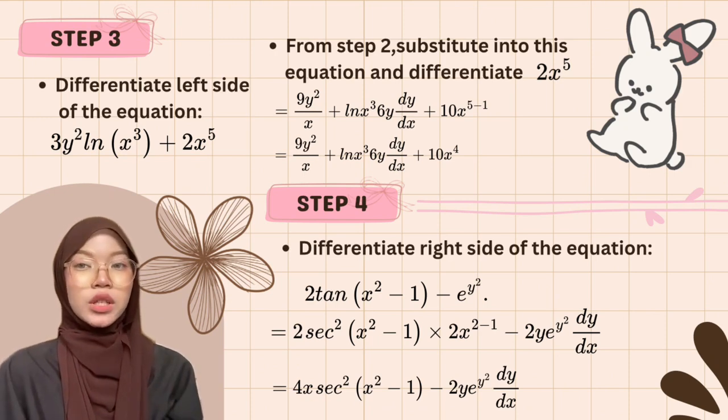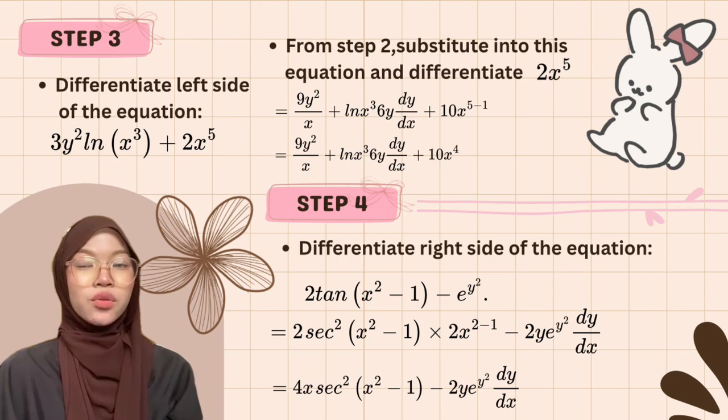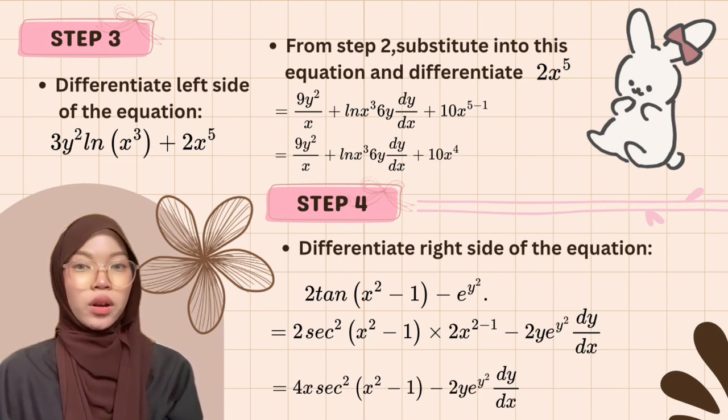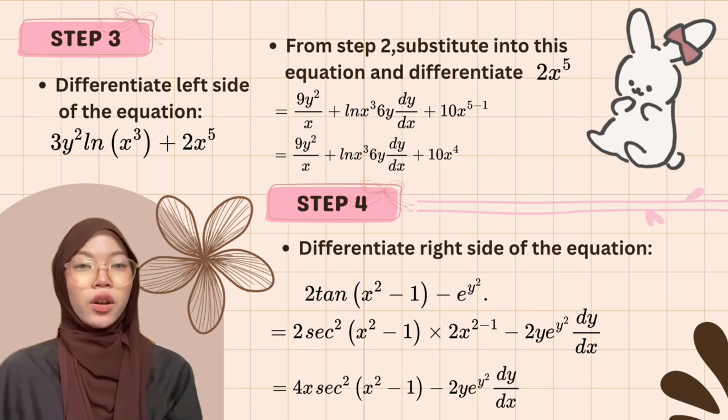Step 4, we need to differentiate the right side of the equation: 2 sec squared (x squared − 1) multiplied by 2x^(2−1), minus 2y e^(y squared) dy/dx, equals 4x sec squared (x squared − 1) minus 2y e^(y squared) dy/dx.